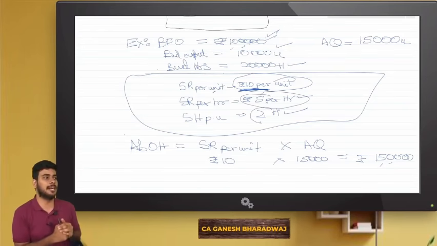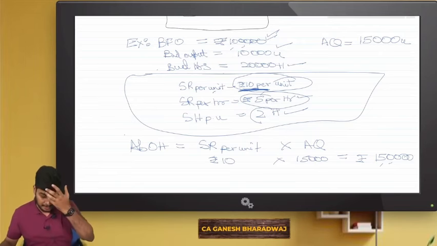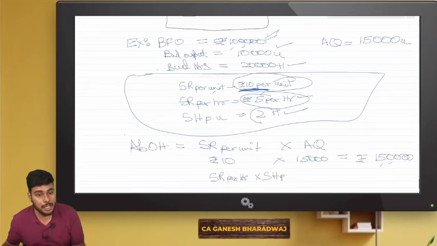That's how I got this. Correct or not? Are you understanding? Fine. So this is nothing but standard rate per hour into standard hours per unit into actual quantity.